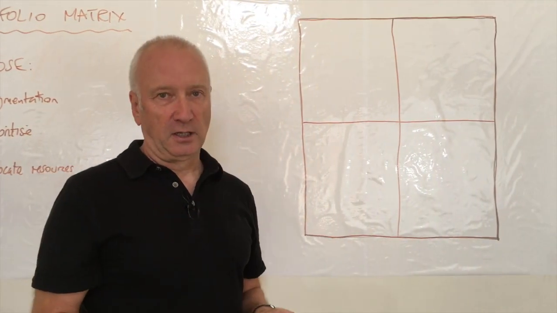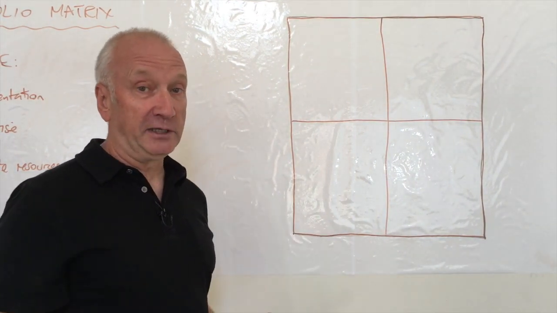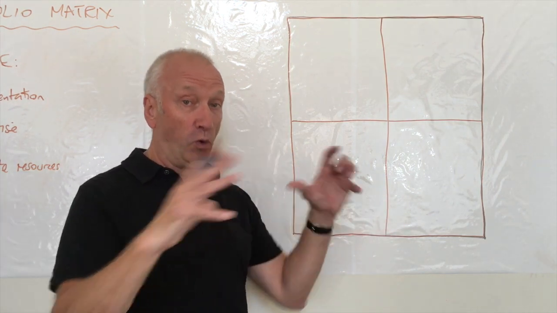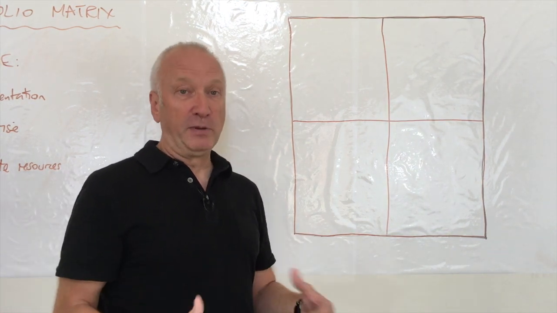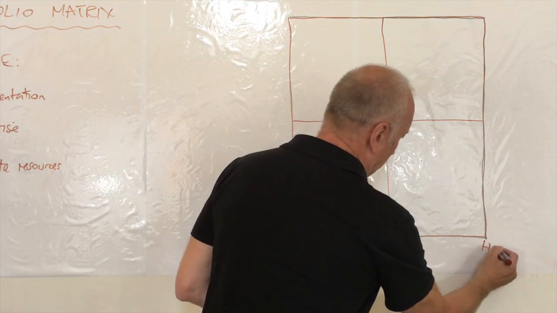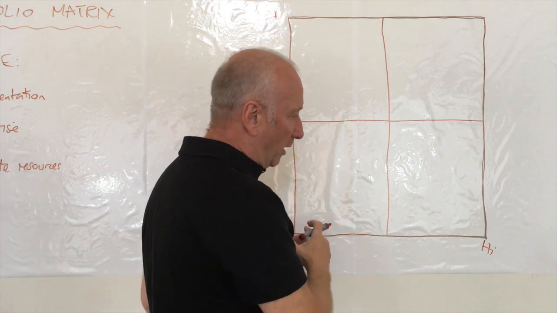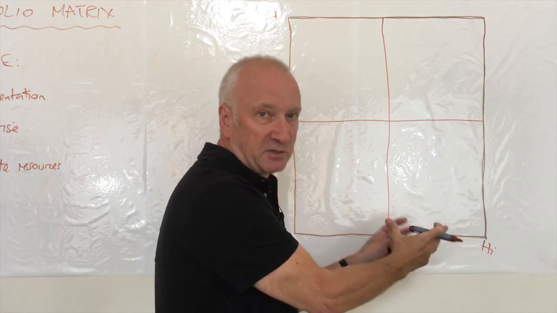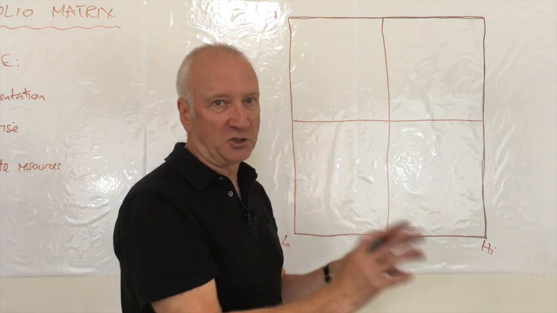So the first thing, it has two axes. The first thing we're going to concern ourselves with, or if you were the procurement leader, this is what you would be concerned with, is how much money am I spending across all of my portfolio? So if I'm a Chief Procurement Officer responsible for $1 billion of spend, what I will do, and this is high, low, I'll come back to the vertical axis in a moment, I work out of my $1 billion which are the categories of spend that we spend the most money on, which are the most important ones from a financial perspective.